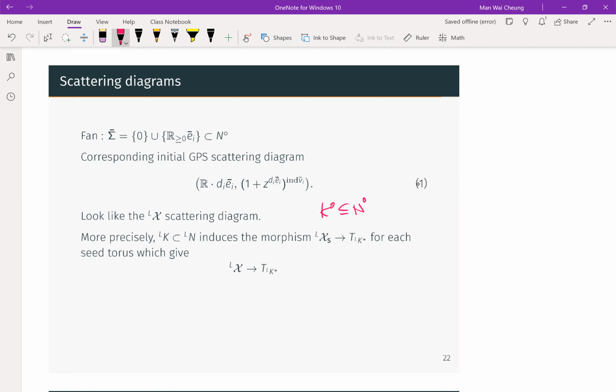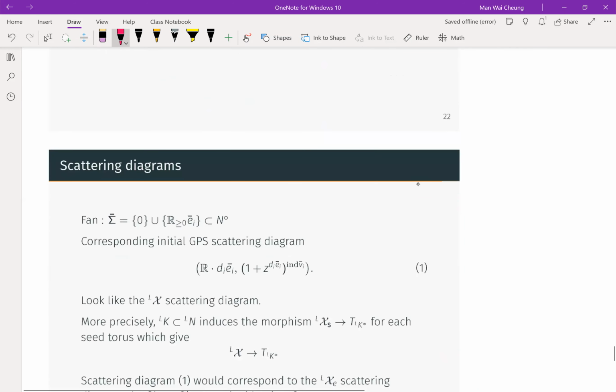And this commutes with the cluster mutation, so in general we can see the X family as a family over this T, then still K star.